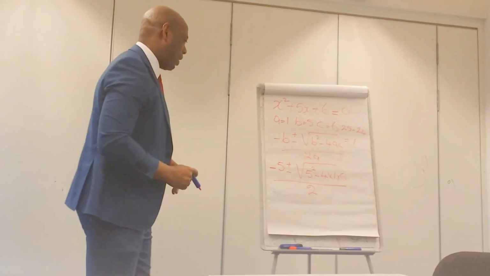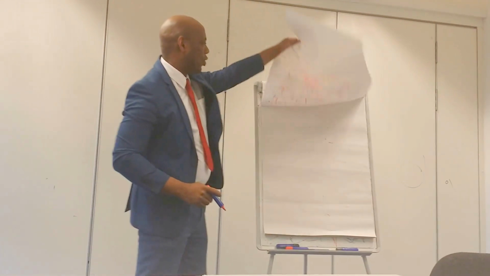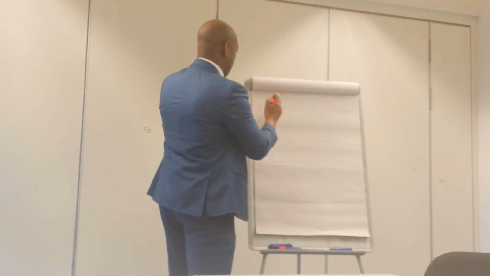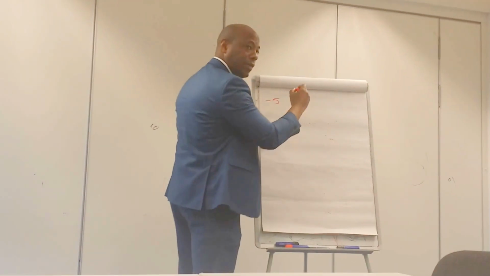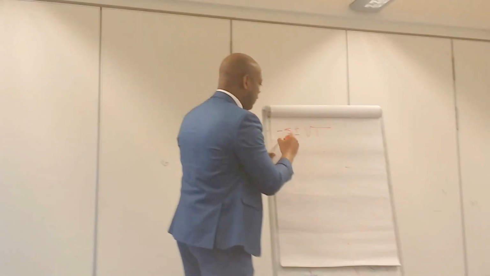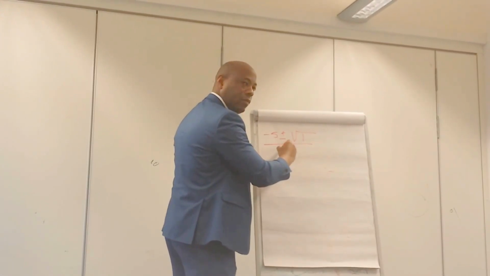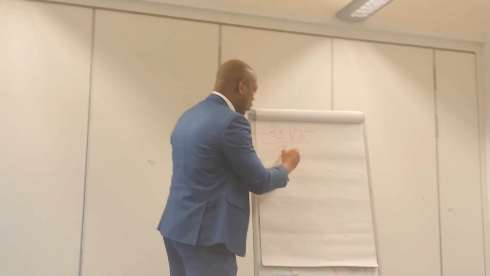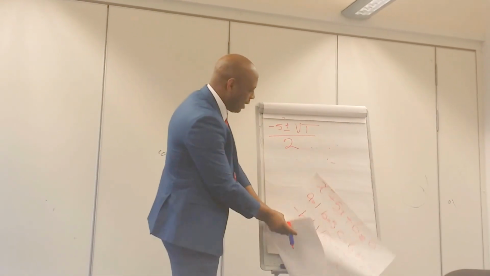Okay, so now let's put this on another page. So we've got minus 5. Pay attention please. Minus 5 plus or minus the square root of 1, divided by 2.